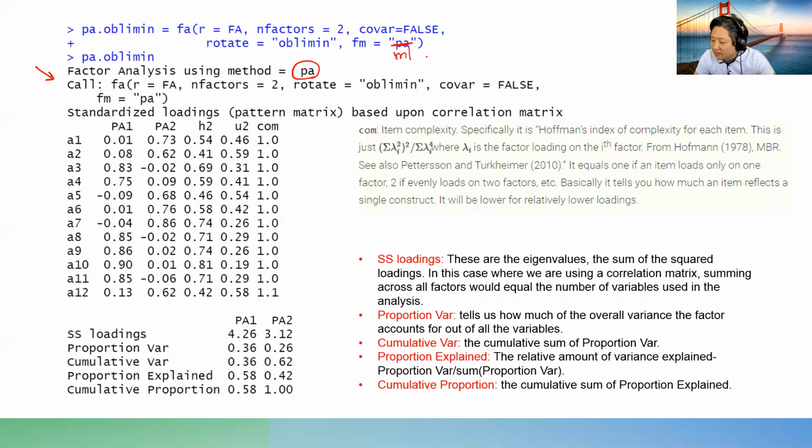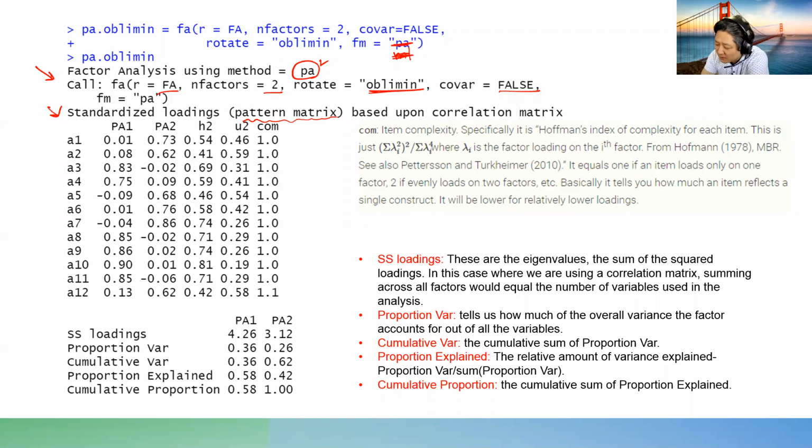So I use principal axis factoring, with the data, the number of factors, and the correlation matrix. Okay, so this is the standardized loading, and it is called the pattern matrix. The pattern matrix is based on the correlation matrix. So this is the standardized loading, and each loading can be interpreted as a correlation.